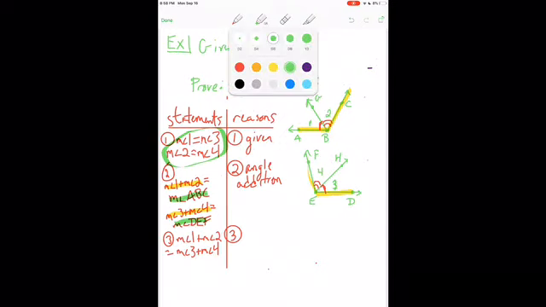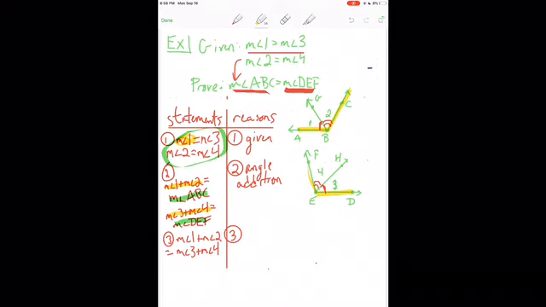I'm adding measure angle 1 and measure angle 2, and when I add those together, it has to be equal to measure angle 3 plus measure angle 4, because they are equal to one another. So this is the addition property. Addition prop of equals. You have two sets of things that are equal to each other, just add them together.